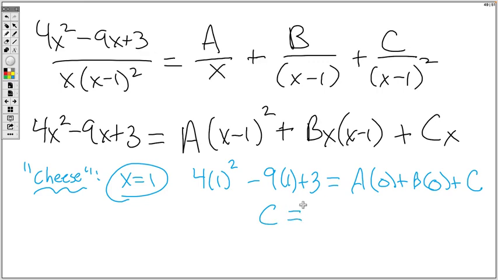What's c going to be? What do you get for c? -2.